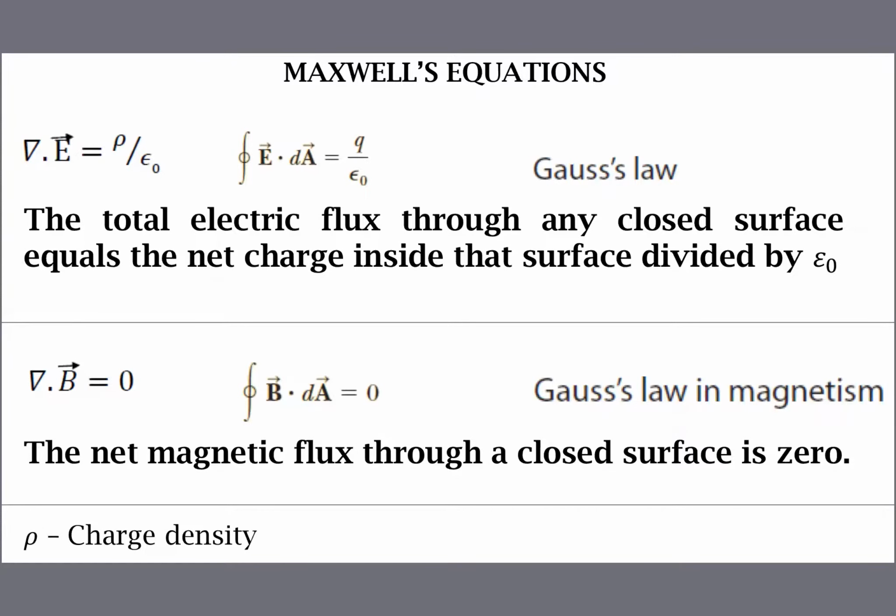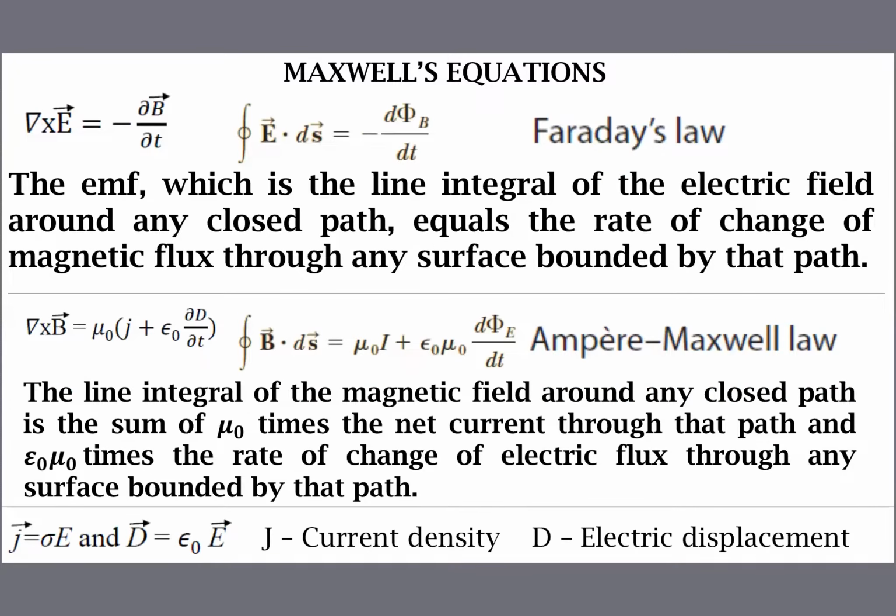So let's move on to the third Maxwell's equation. The third Maxwell's equation is talking about Faraday's law. Faraday's law of electromagnetic induction describes the creation of electric field by changing magnetic flux.